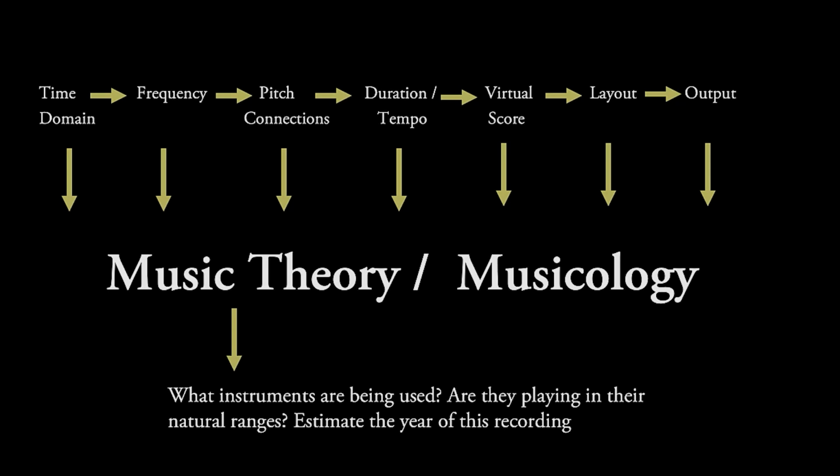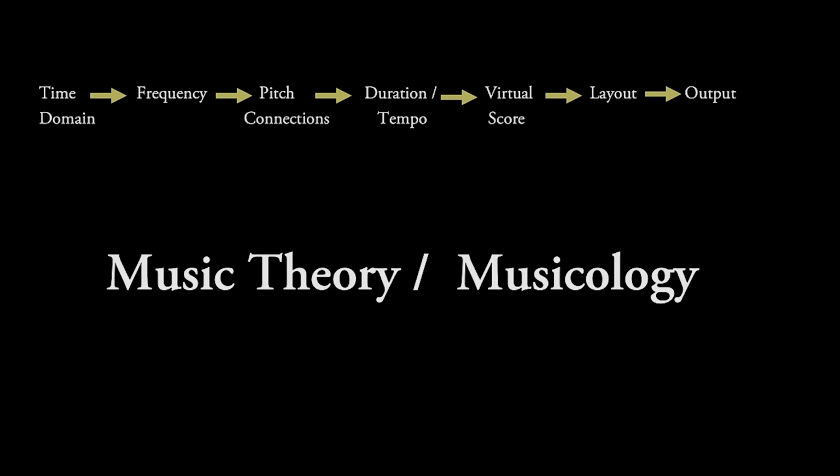Are they playing in their natural ranges? And from there, we might estimate the year of this recording based on particular sounds and sound artifacts, or the year of the piece based on instruments that are used, and so on. So these are places where music theory and musicology can get data from this MIR process.